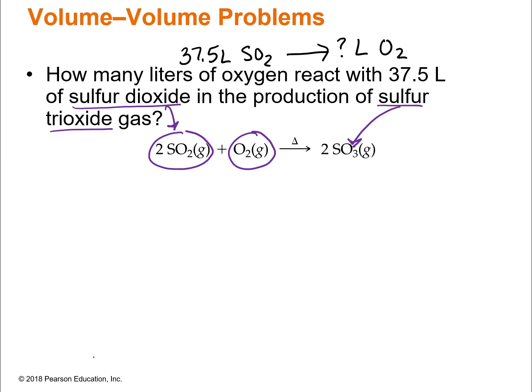Anyhow, let's write some volume ratios. I see a 2 in front of the sulfur dioxide. I'm going to write that as 2 liters. I don't see anything in front of the oxygen gas, so that means a 1.